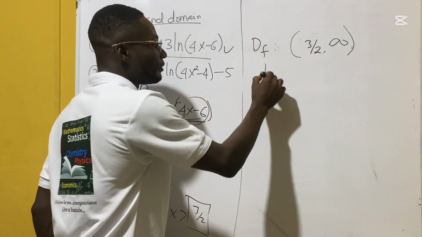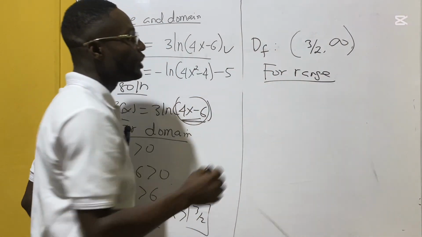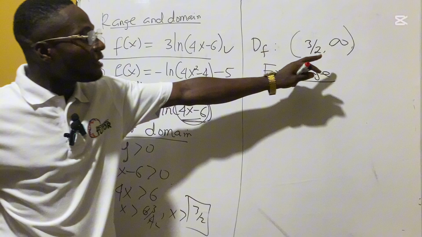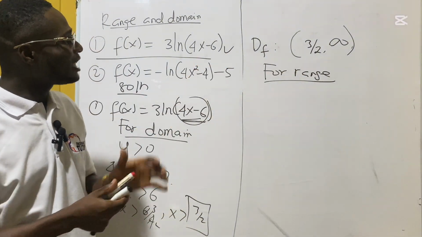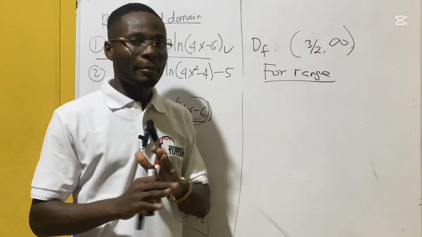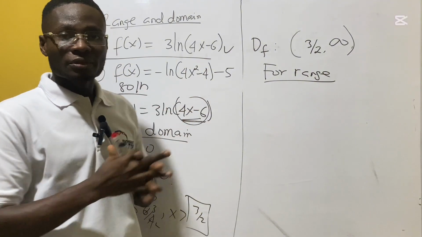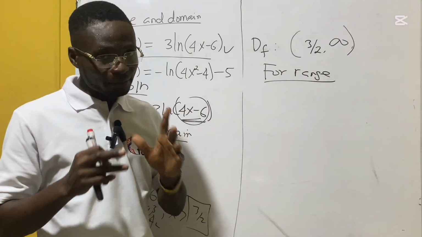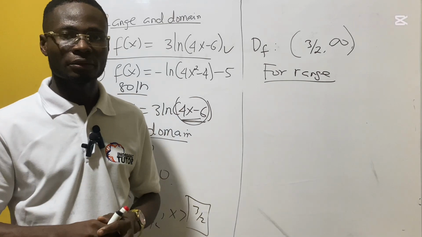So let's look at the range. For the range, once you have an ln function, any number at all for x will form a range, with the exception of negative infinity and positive infinity.